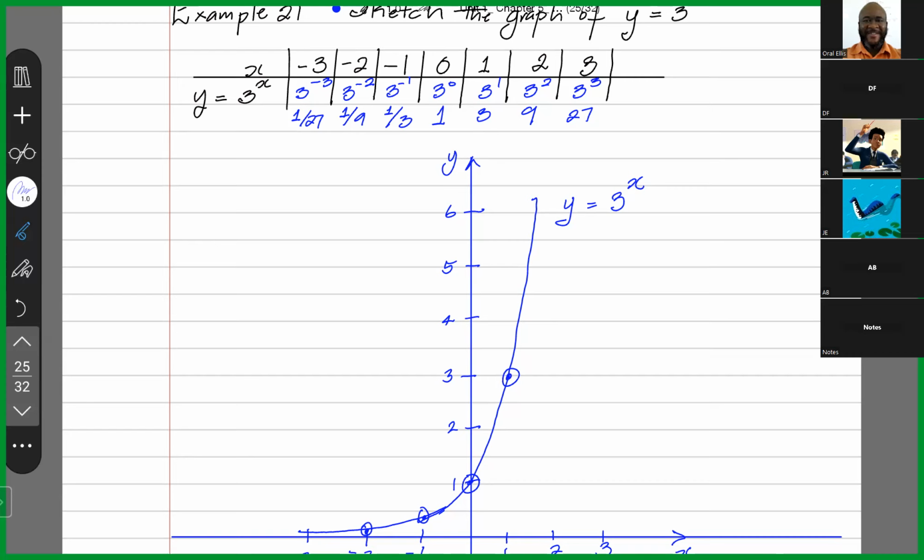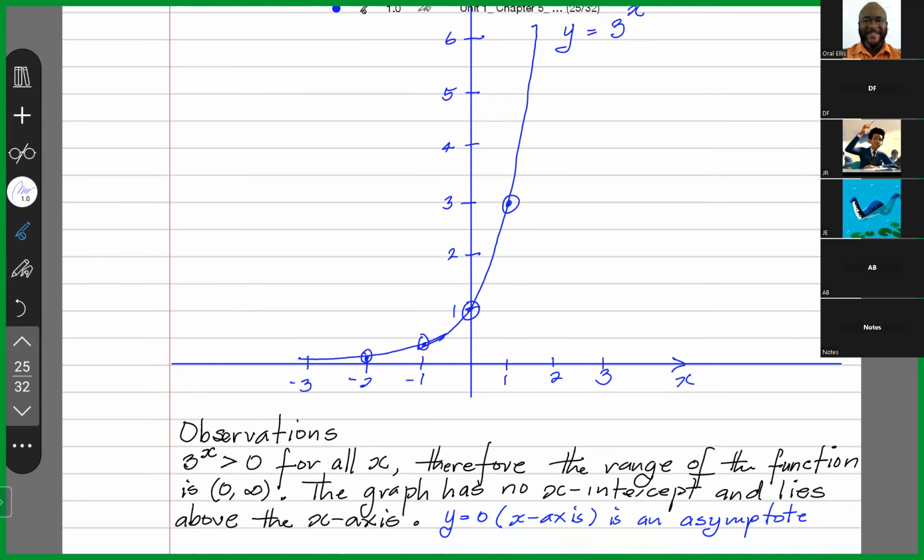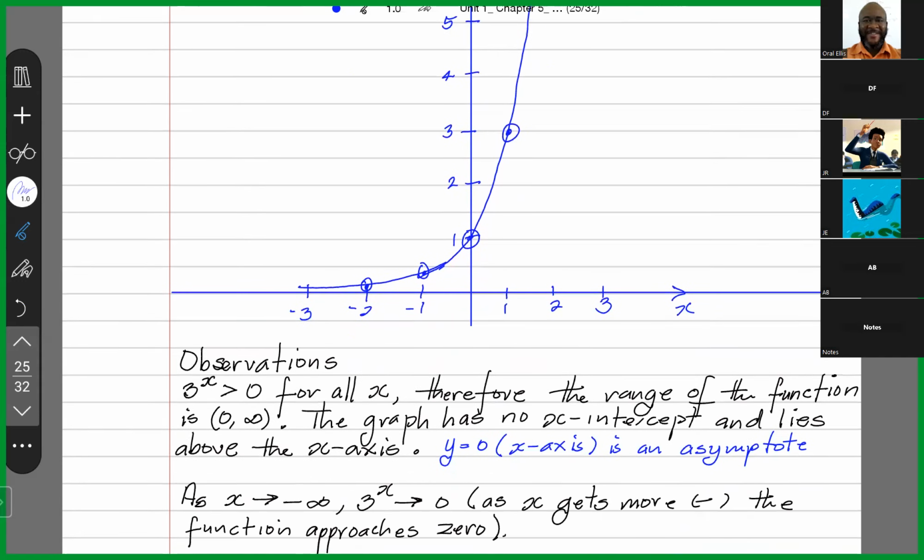You can never raise a positive number to a power and the answer comes out negative. So 3, which is a positive number, raised to any value of x will always be greater than 0.